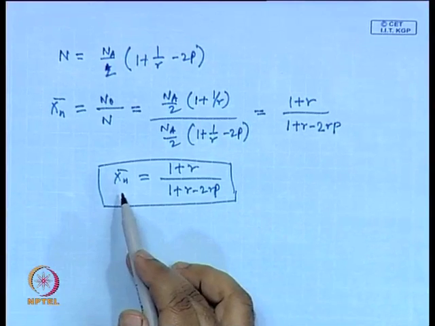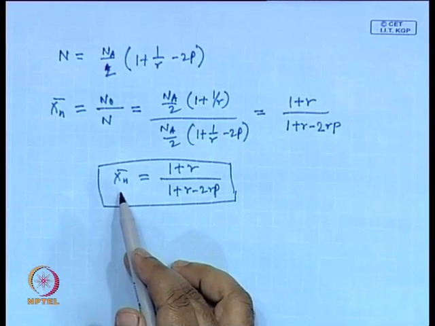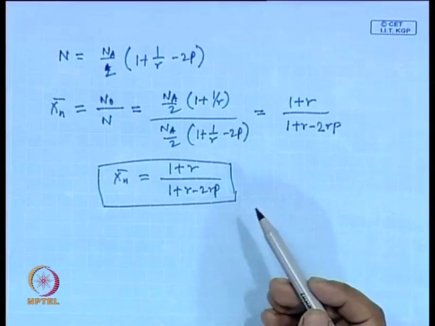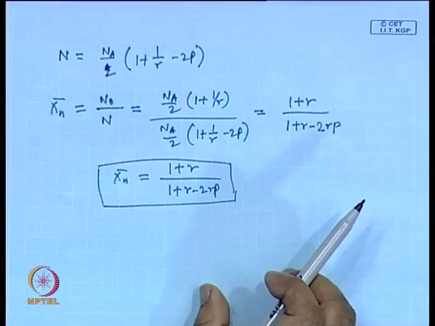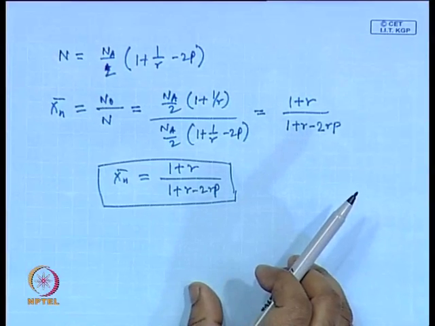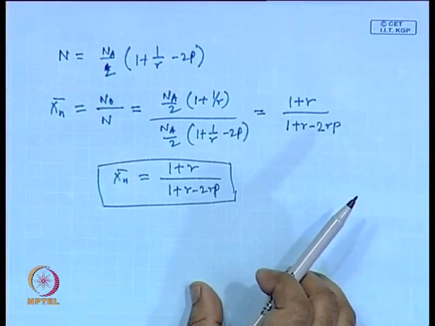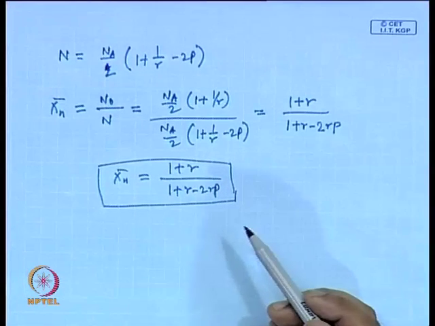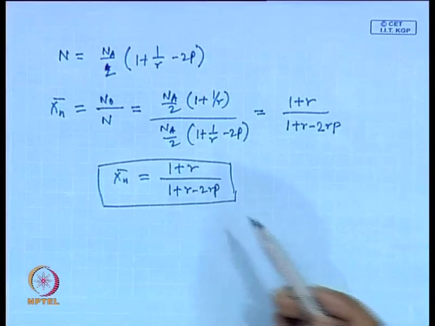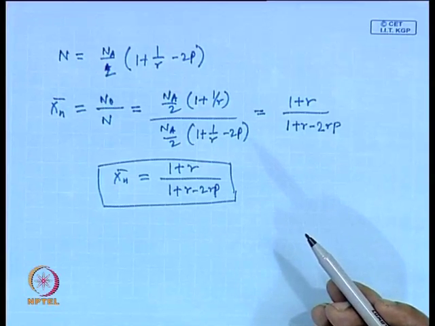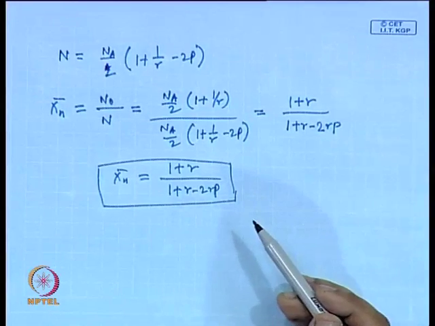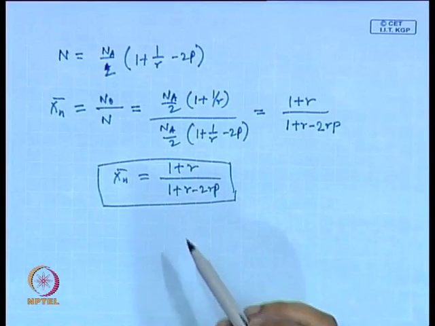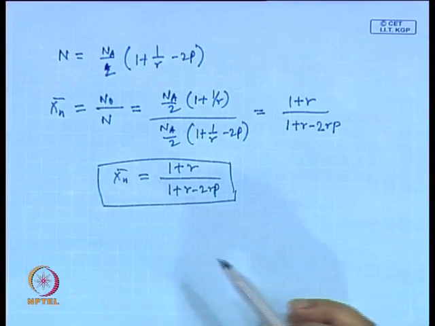It relates the number average molecular weight with R, which is the ratio of the moles of the two bifunctional monomers present in the system at the beginning, where R is defined in such a way that it is always less than or equal to 1, and P is the conversion, which is defined as the fraction of the functional groups present in a smaller quantity that has reacted.